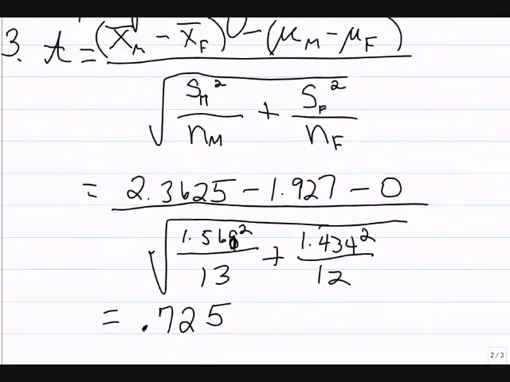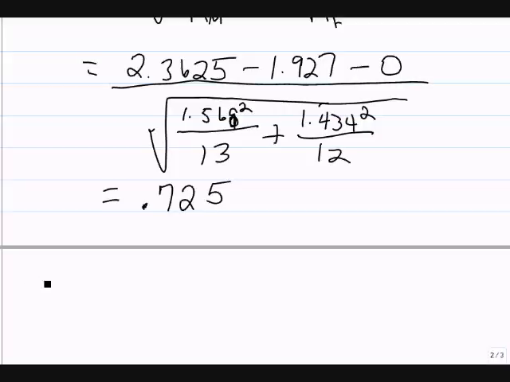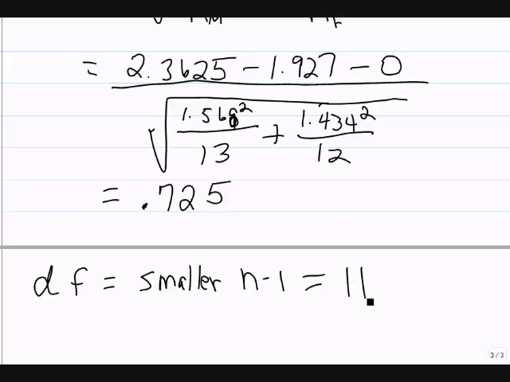What else do I need in my step 3 besides a test statistic? P-value. To get my p-value, I need my degrees of freedom. Well, which n? If you're conservative, you take the smaller n and get 11 degrees of freedom.